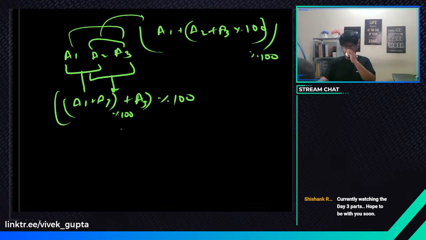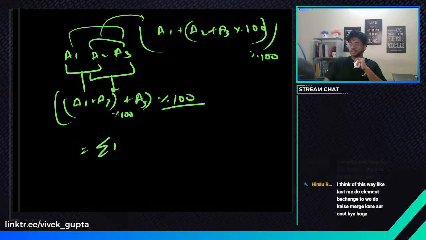Okay, so if you merge these in any particular order, you're getting the same result, because mod 100, if you open it across, this is going to be just the sum of the three a's mod 100. So the order does not matter in this case, right? The final resulting value is independent of the order.